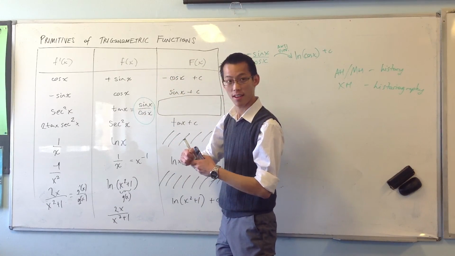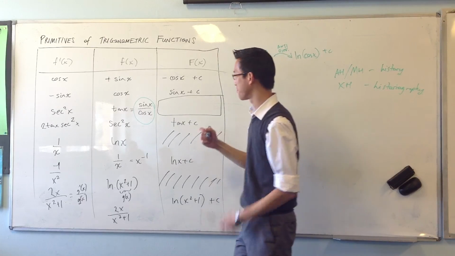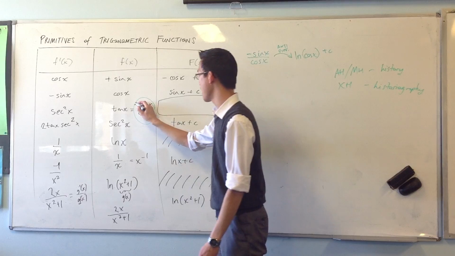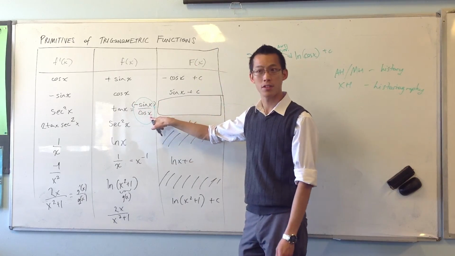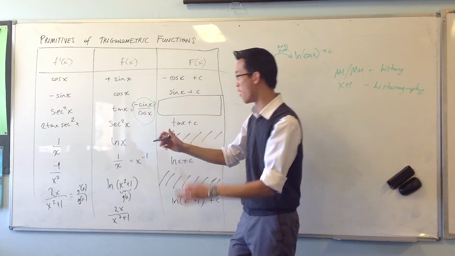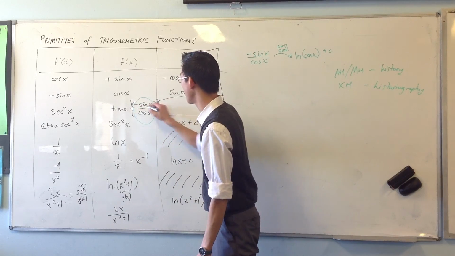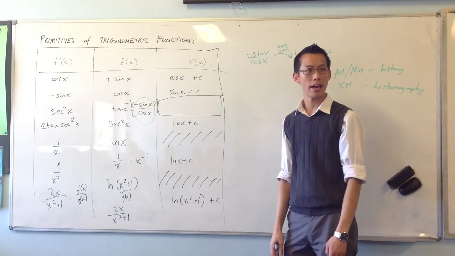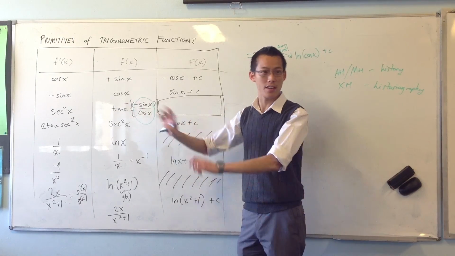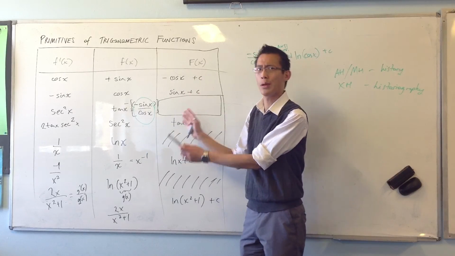Could you put the minus sign in? Well, if I put a minus sign there, in order to make that the derivative of the denominator, right? In order to restore it and make sure I haven't thrown it off, I've got to put another minus sign way out the front. Okay? Does that make sense? Because now that is tan. The negatives cancel. This is still tan, even though it's a weird way to write it.